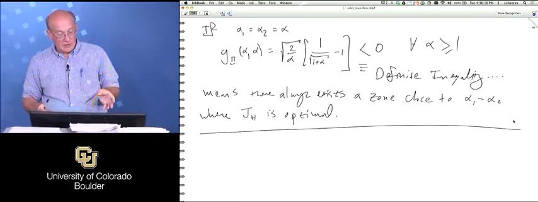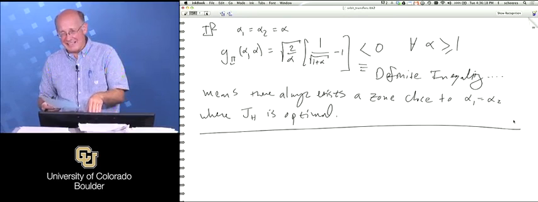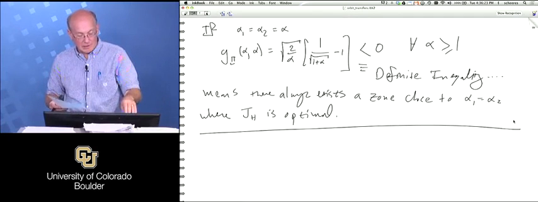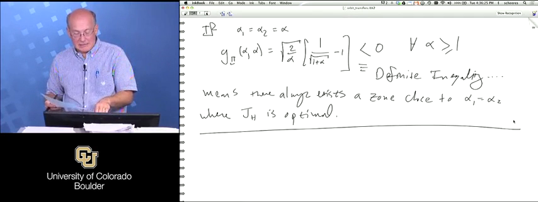Doesn't say how large this zone is, but the fact that this is a definite inequality means that there's room for alpha 1 to become larger and this guy to still be less than 0.